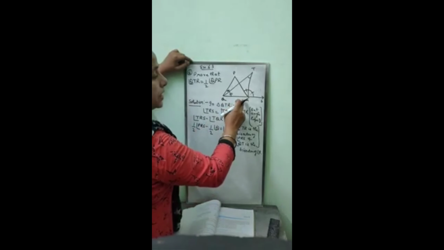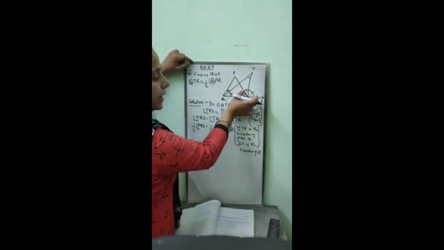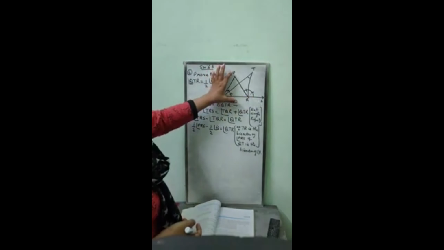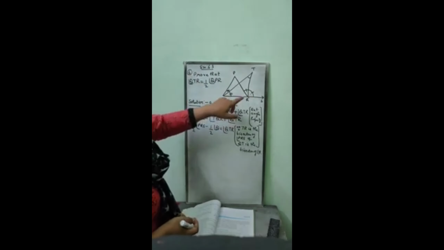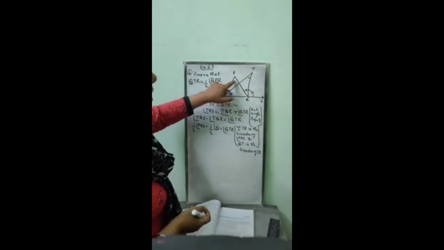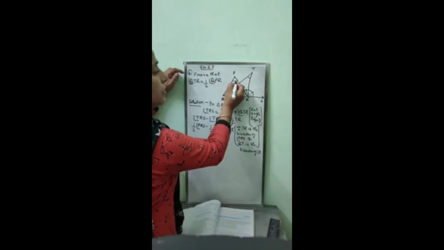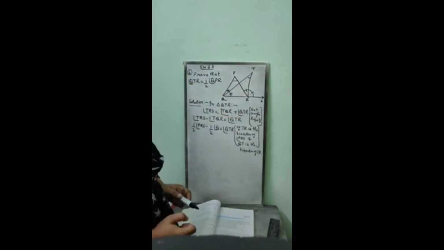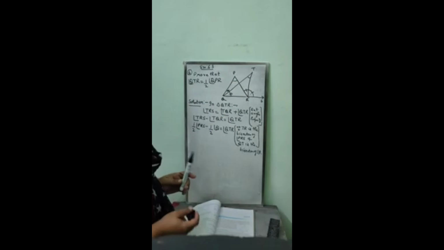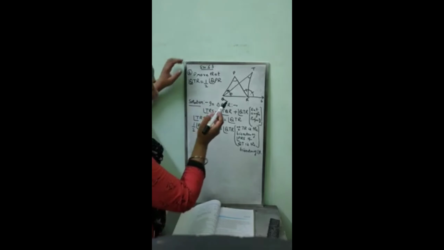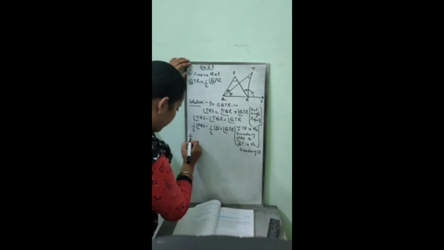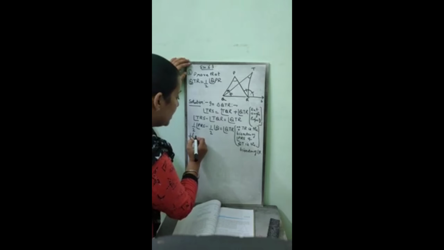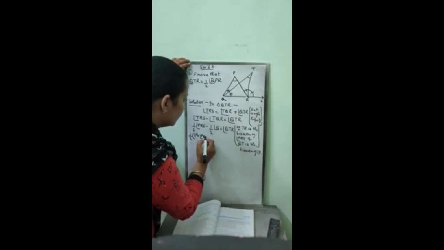Now, see this angle PRS. This angle PRS is the exterior angle of triangle PQR. So, this PRS will be equal to angle P plus Q. The exterior angle is equal to the sum of two interior opposite angles. PRS is equal to angle P plus angle PQR.